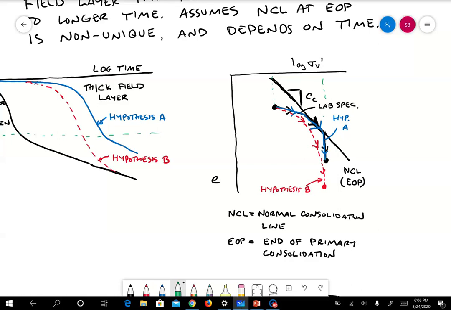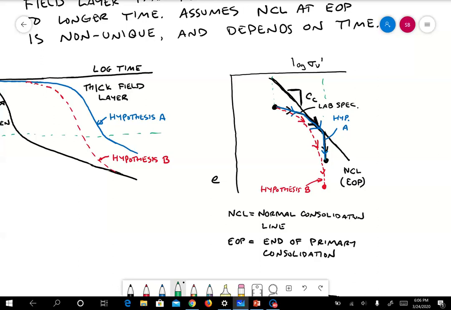And these two stress paths will give you the exact same result. So hypothesis A is pretty useful because it means we can directly take the laboratory results and estimate what's going to happen in the field for a much thicker layer with only doing some very basic manipulations that I'll talk about in another lecture.